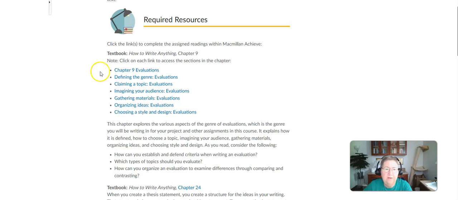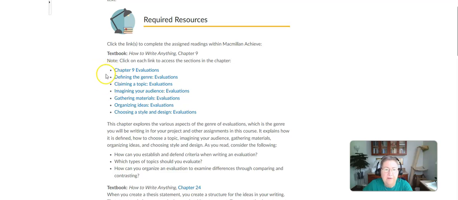And so these readings are going to give you all the information that you could possibly need on evaluations, starting by defining the genre, claiming a topic, what that means when you're writing evaluation essays, imagining your audience. When you're writing an evaluation essay, who would be interested in reading that, gathering materials, organizing your ideas, and then choosing a style and design.